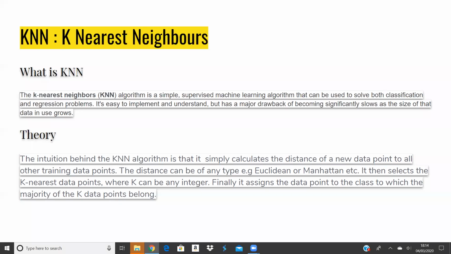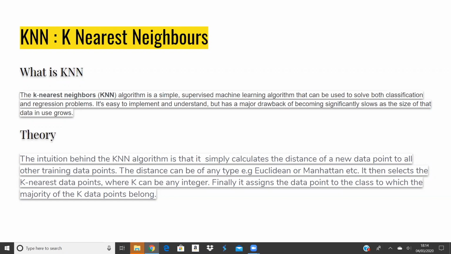Depending upon the closeness or the distance, whichever cluster the data point is close to, we group it into that particular cluster.